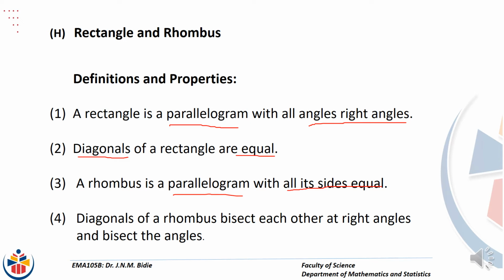And now we've got all four sides being equal. Now we've got the second part, which says the diagonals of a rhombus bisect each other at right angles, and they bisect the angles. Right. So let's do some examples and some exercises based on these definitions and these properties.